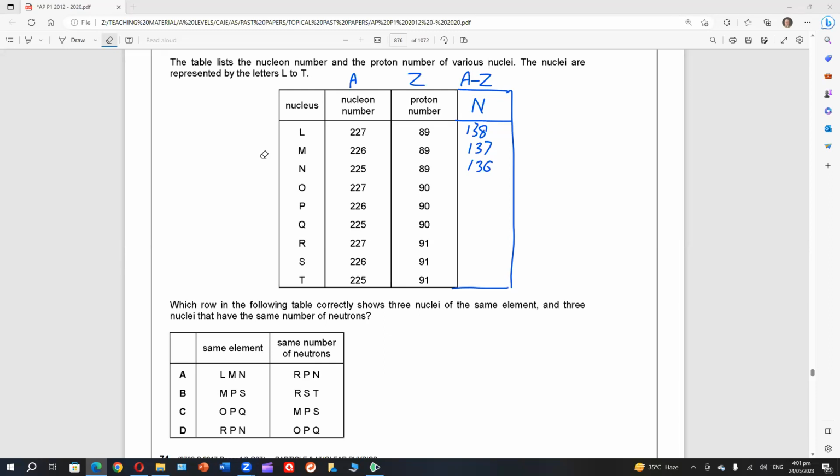Okay, then what should be the answer? What answer do you suggest? A. Right.